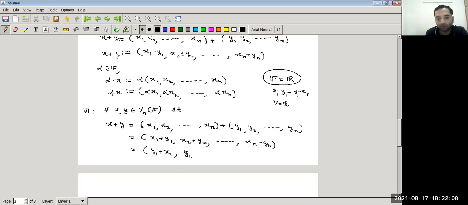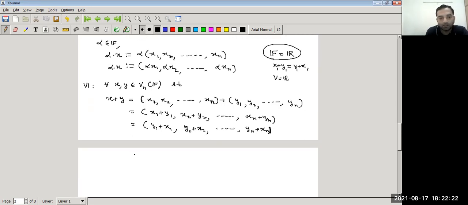So we can write y2 plus x2, and yn plus xn, because real numbers satisfy this condition. So we can separate this as (y1, y2, ..., yn) plus (x1, x2, ..., xn), and this is y plus x.